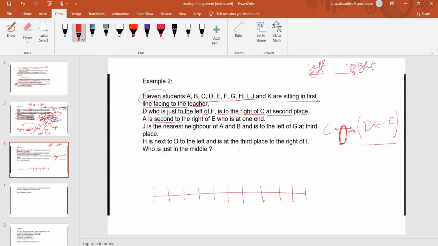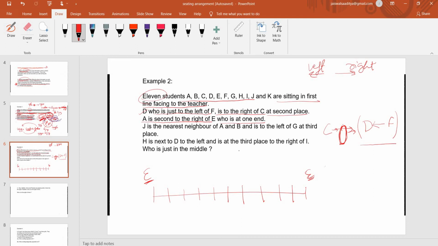A is the second to the right of E, who is at one end. So see, it's given E is at one end, which means it can be here also, it could be here also. So both the possibilities are there.